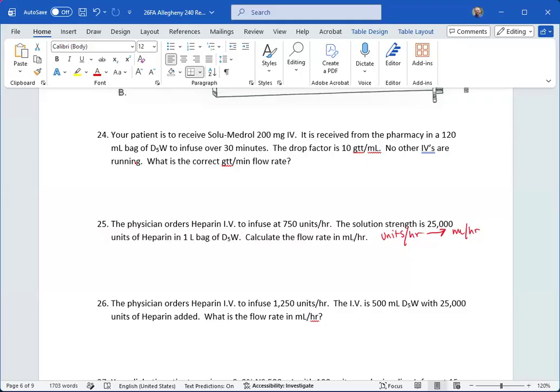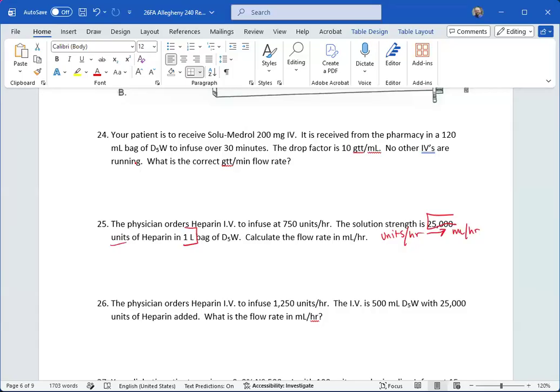And it's going to give you an IV that you want to use as your available. So in this situation, we have 25,000 units of heparin in a 1 liter bag of dextrose 5% water.